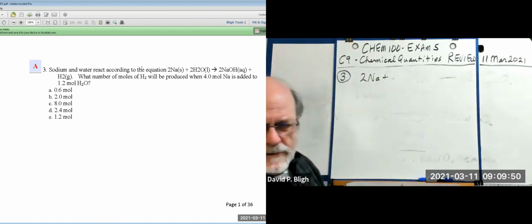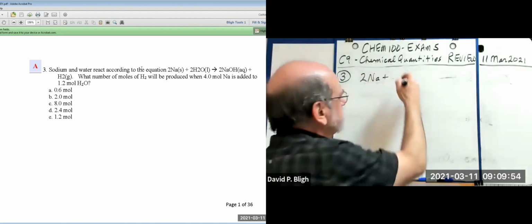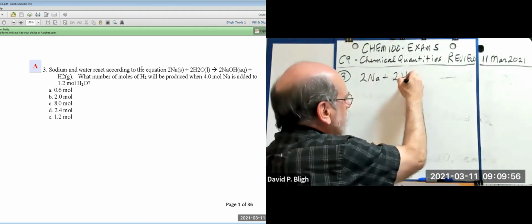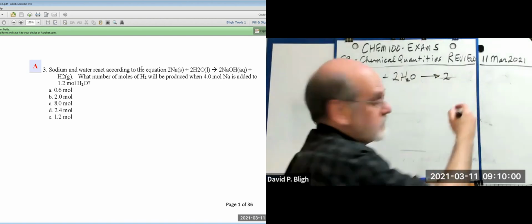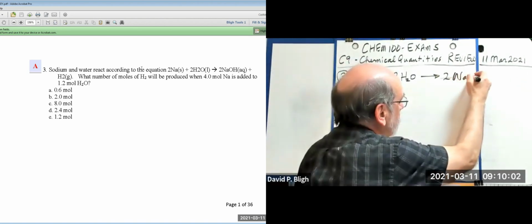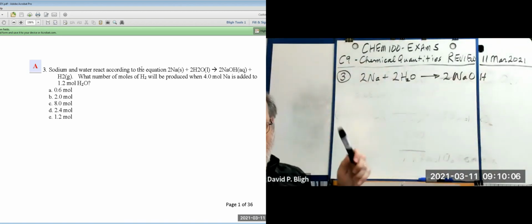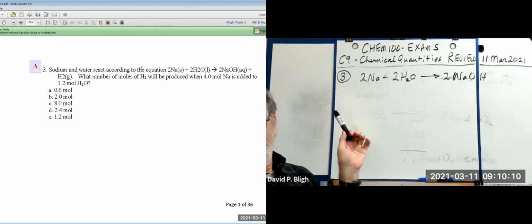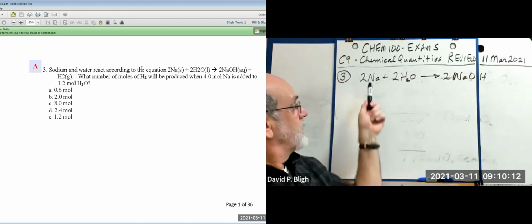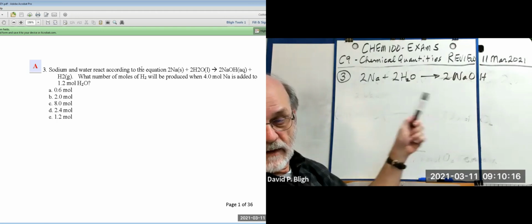You know what? Let's write it the way they're given it. Then I'll say a couple of words about this. First of all, if this were the simplest whole number ratio, it would be 1, 1, and 1. Right?